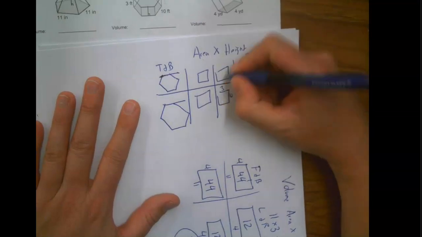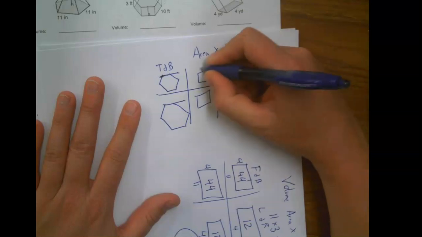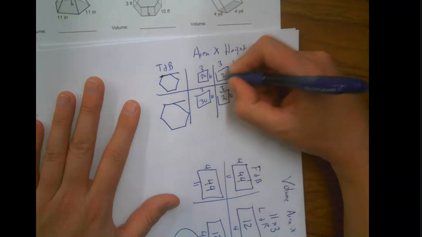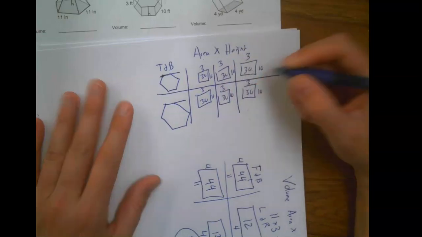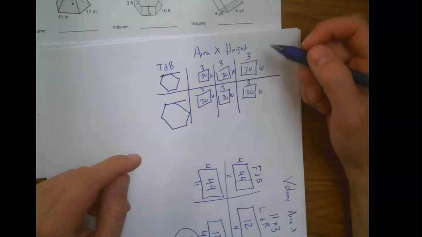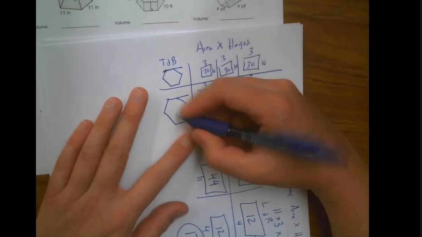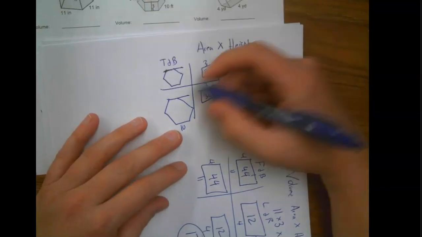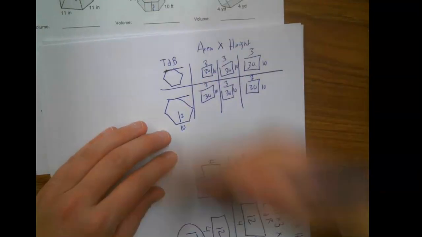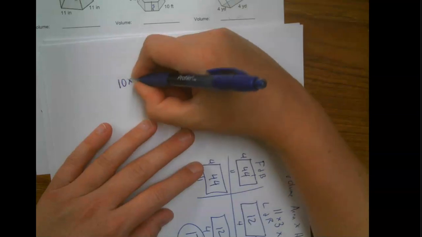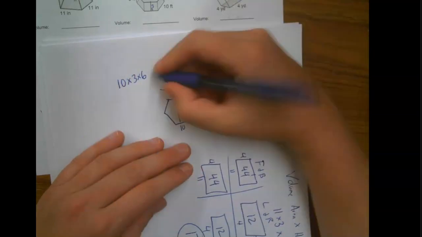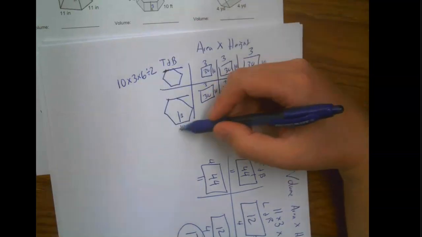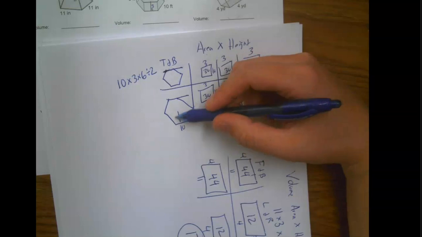Each of the sides is 10 by 3. So you add 10 by 3s, and that gives me 30 on everything here. Now to find the area of a hexagon, you do the side length, which is 10, times the apothem, which is 3, times the number of sides, which is 6, divided by 2.